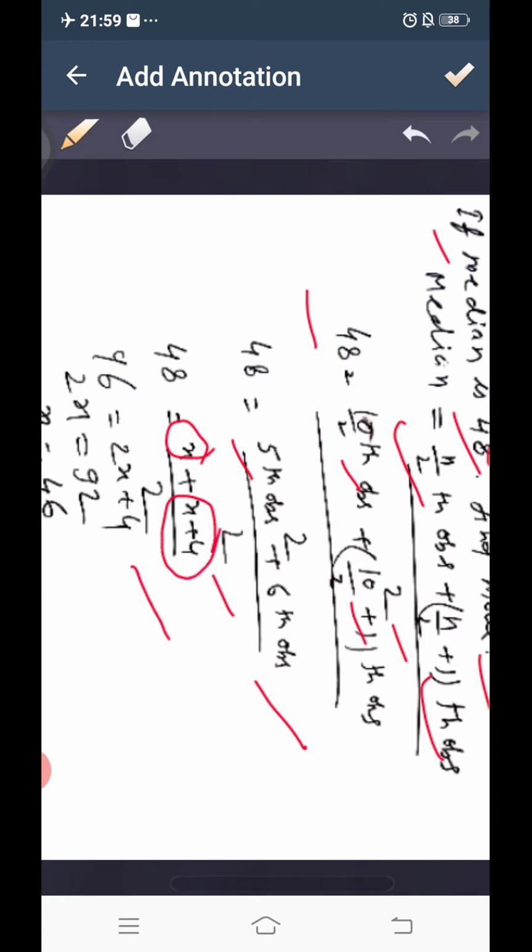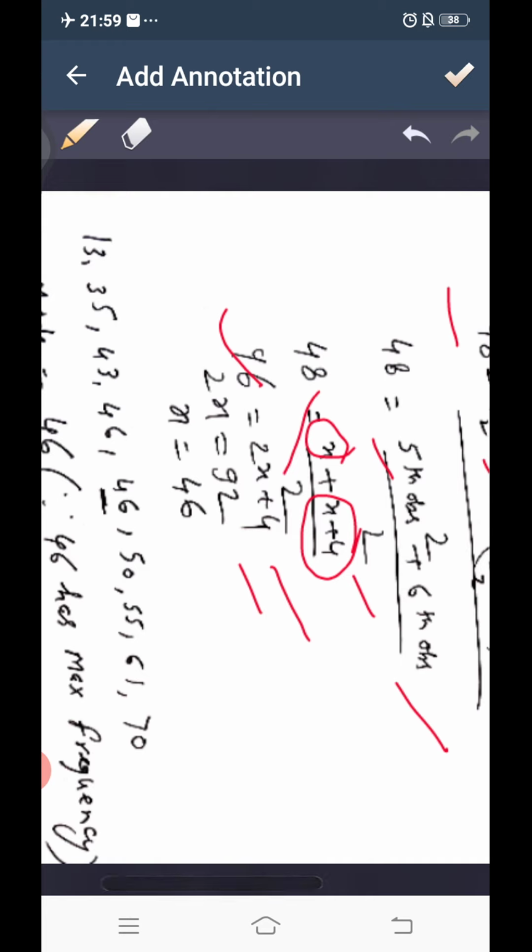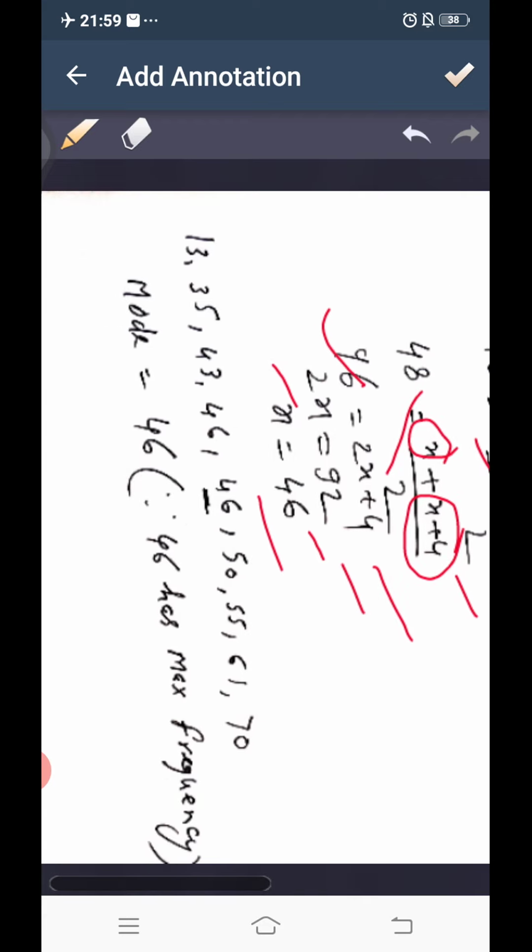We do cross multiplication, 48 into 2, so we get 96 equals 2x plus 4. So 2x equals 92, x equals 46. So in place of x now we will replace 46. The fifth observation was x, that is 46, and the sixth observation was x plus 4, so here we put 50.